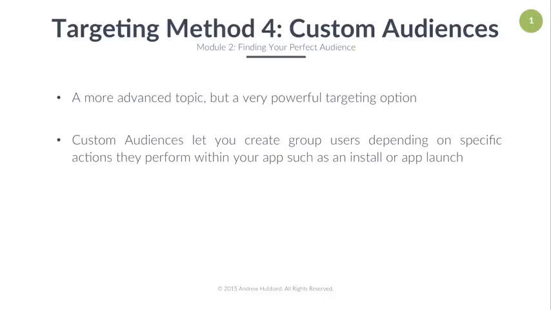So after you've got, say, 1,000 installs, you'll have 1,000 people in your custom audience. And what you can then do with this custom audience is target your advertising specifically towards it. So if you've got a custom audience with people who have installed your app in the last 30 days, you can then create a specific ad for them and target those people with that ad.